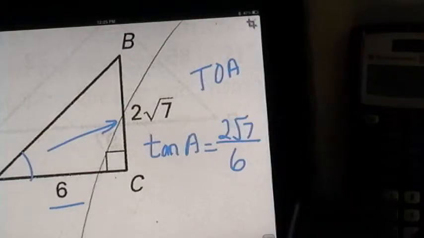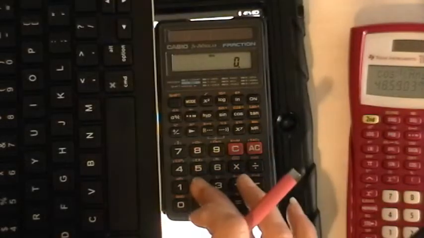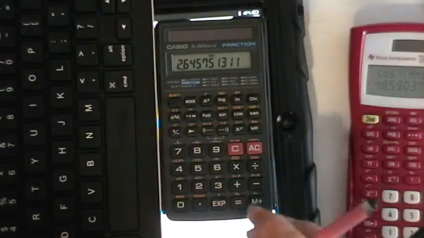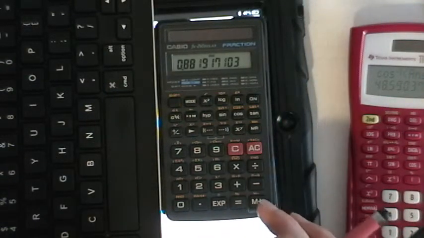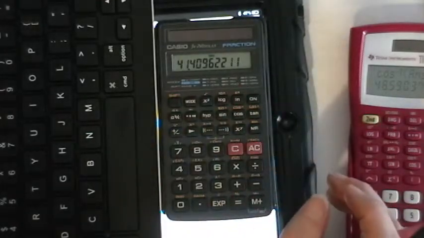Okay, using the Casio, it's 2 root 7 divided by 6. 2 times 7 square root equals, then divide by 6 equals, and then take the inverse tangent, 41.4.